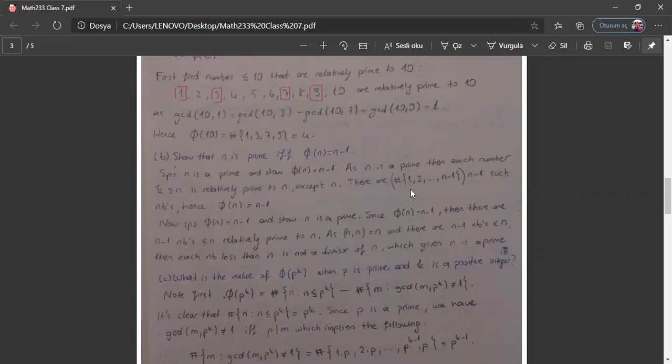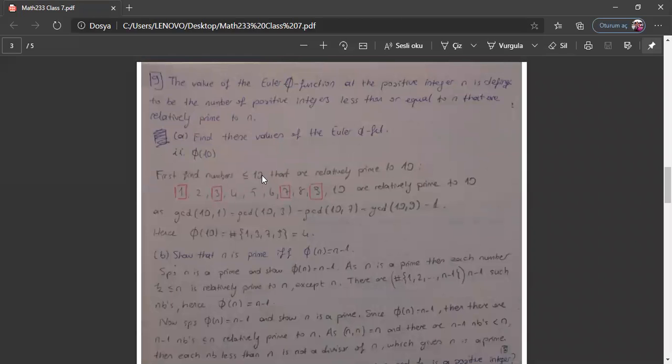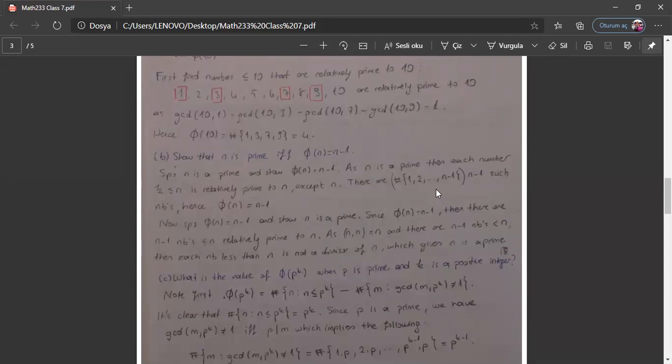Except that. So the number of the elements of this set is n minus 1, so phi of n is equal to n minus 1.